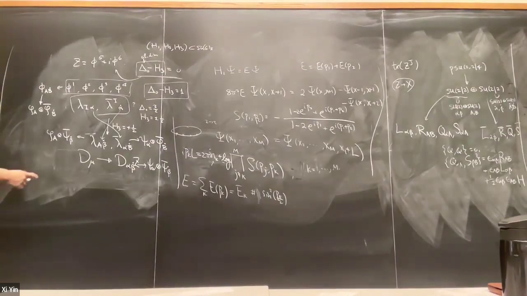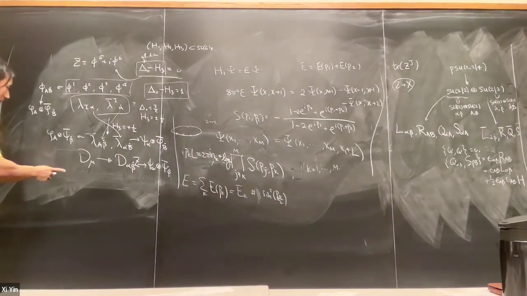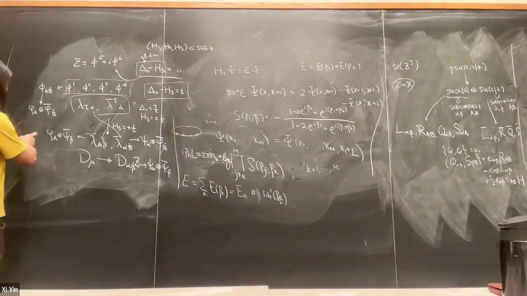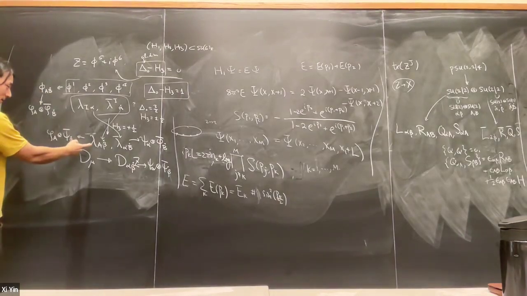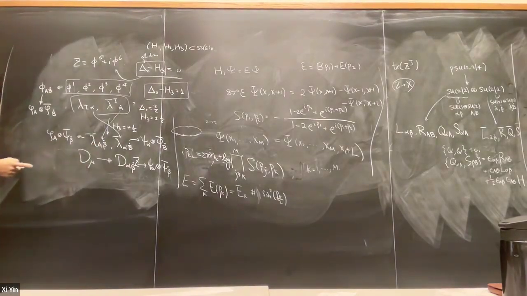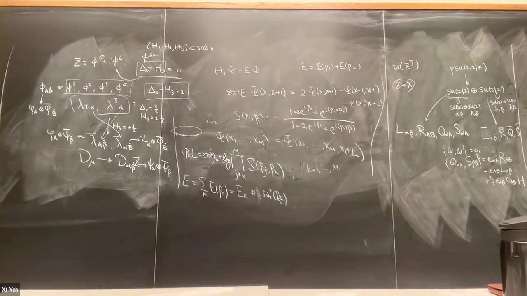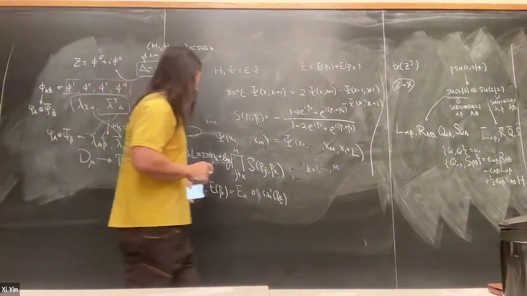Now the supersymmetry transformation is going to take phi to the fermion lambda, but if you act on lambda again, well, okay, we'll see what we get.